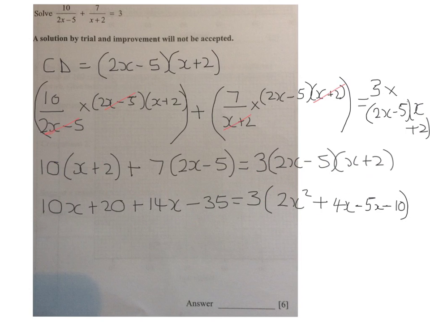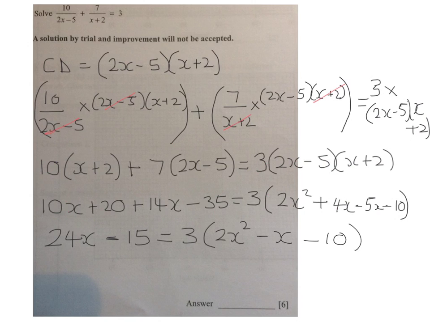So then we just tidy things up, and that means simplifying here and also means multiplying out here. Probably the best thing to do would be to simplify and then multiply out in the next line. So simplifying here, we get 24x minus 15 is equal to, and we're going to simplify the bit in the brackets first, so 2x squared, and the simplifying bit that needs done are these two terms, so we've got 4x take away 5x, so that's minus x minus 10.